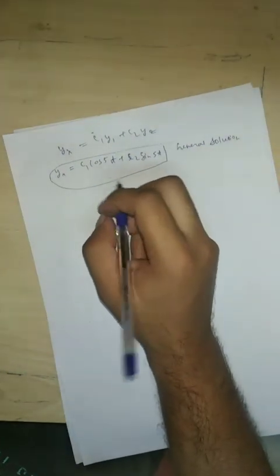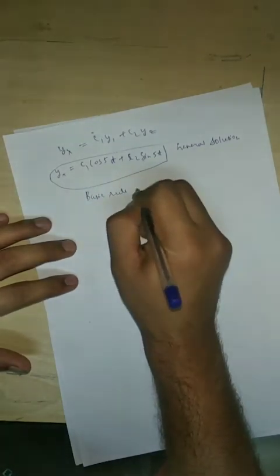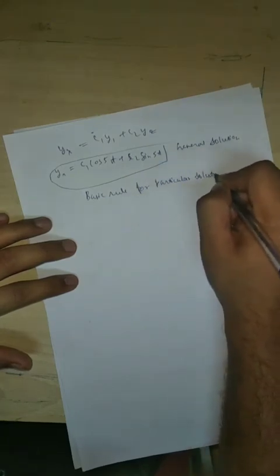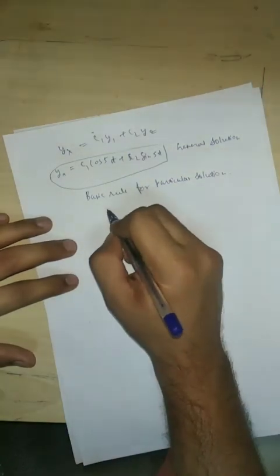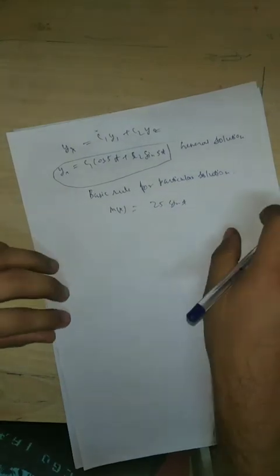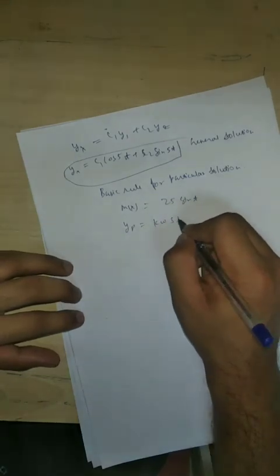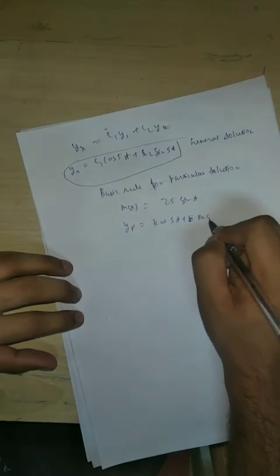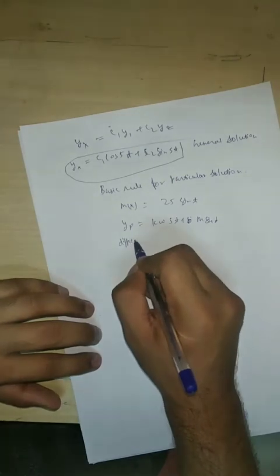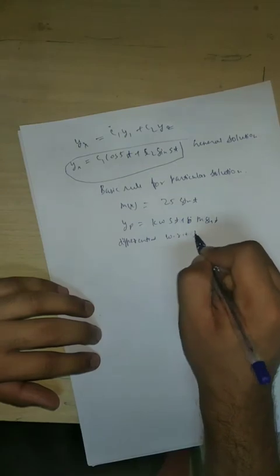For the particular solution, we will apply the basic rule. Then m of x is 25 sin t. y of p is equal to k cos t plus m sin t. Now we'll differentiate yp with respect to t.